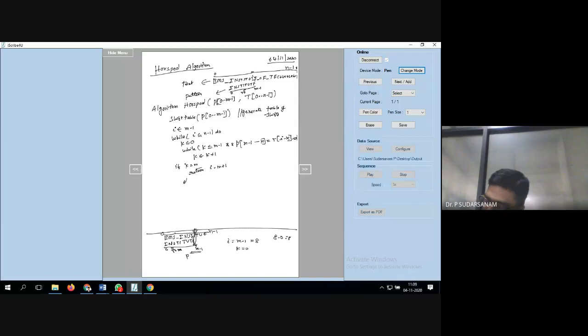Else, I is equal to I plus table of T of I. Else, if k is equal to m, then I is equal to I minus m plus 1. That means what will happen?